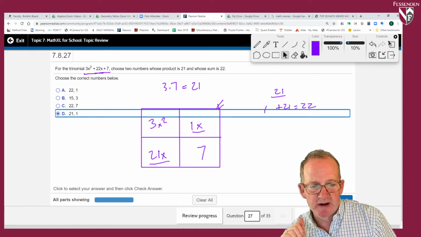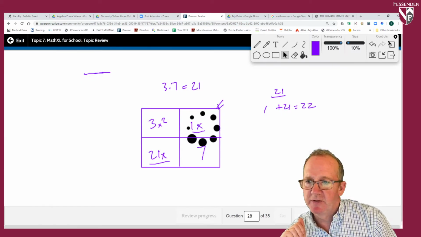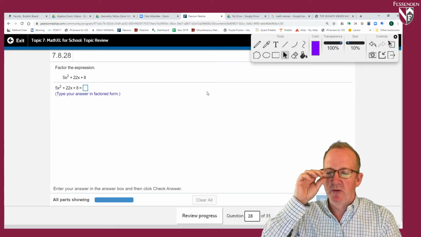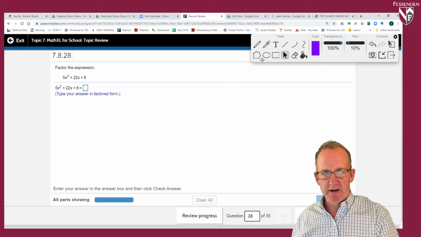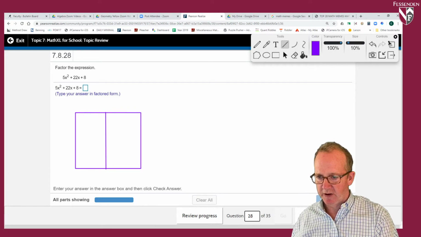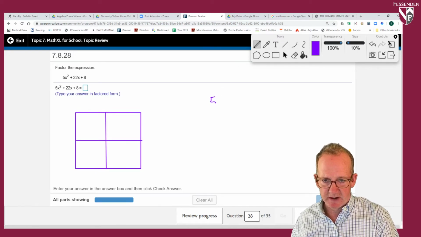We didn't get to the full factoring there, but okay. I wonder if they take that further here. So here's the last one we're going to do for review today. Let's go ahead and do the AC method, and we're going to get our boxes together. And we're going to look for things that multiply to be 40, right? So it needs to multiply to be 5 times 8, which is 40.